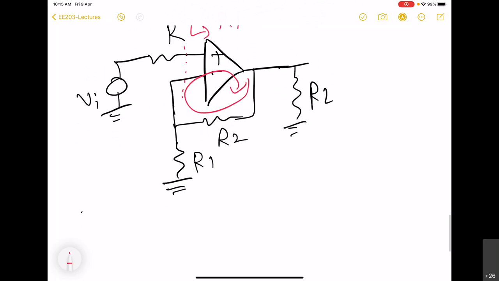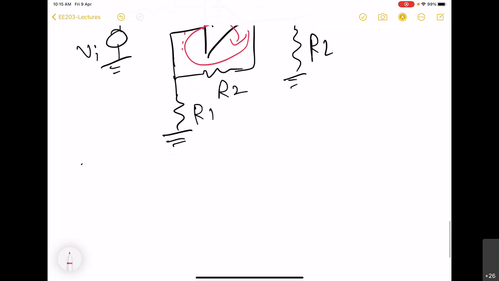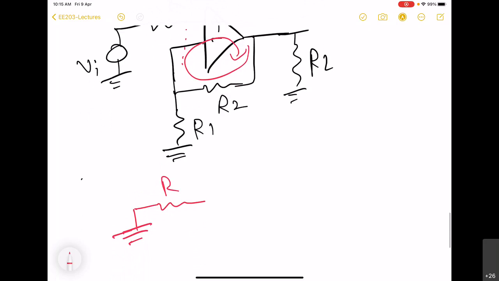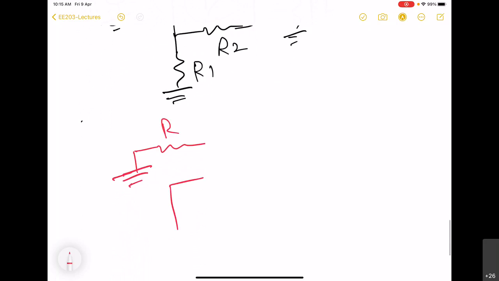So in this case, if you break the loop, of course, we set the external input to 0. So this is what we have done, and then after breaking the loop, we will have this scenario.